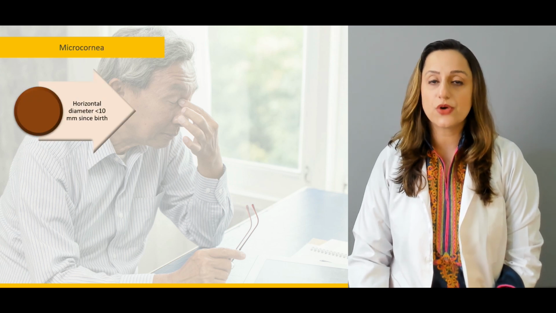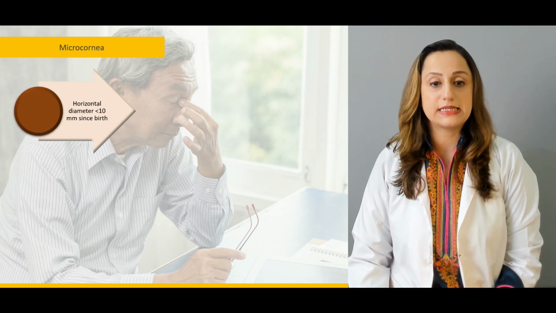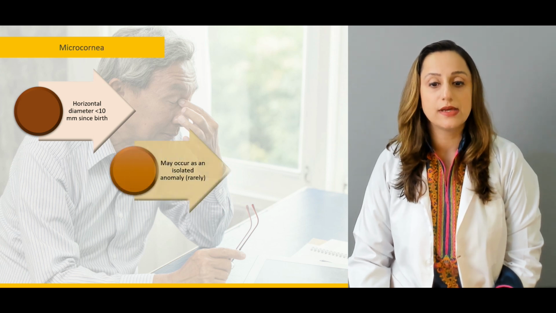On one hand, we have discussed megalocornea, and we have the other side that is known as microcornea. As the name suggests, the diameter of the cornea in these individuals would be less than 10 millimeters. The horizontal diameter is less than 10 millimeters since birth.